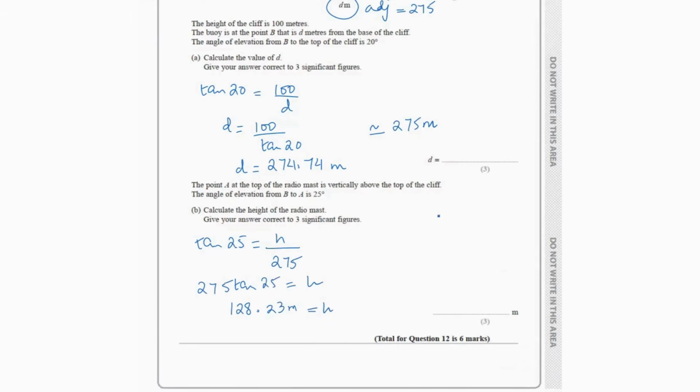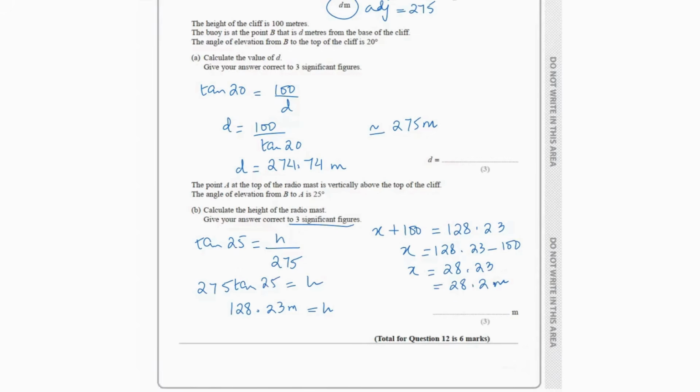So now to find the value of x, x plus 100 is your height, which is 128.23. So x is going to be 128.23 minus 100, which is 28.23. They want the answer correct to 3 significant figures, so that's going to be 28.2 meters. That is the height of the radio mast.